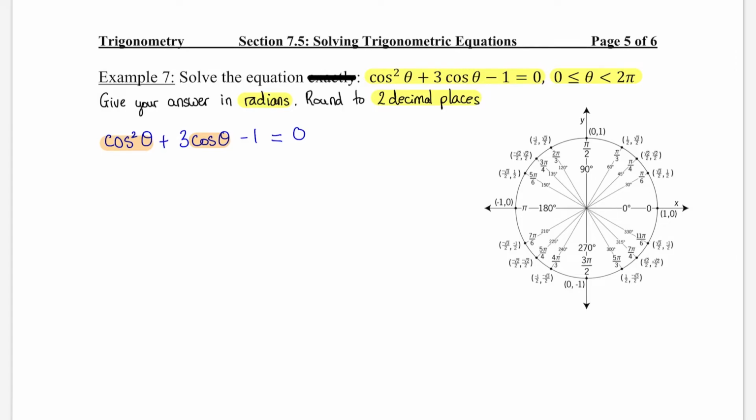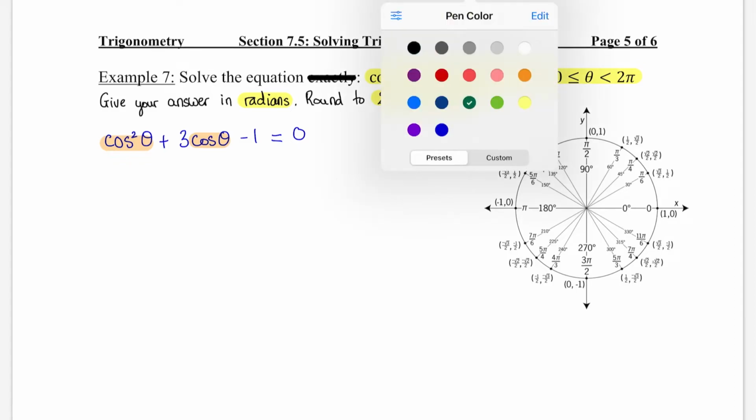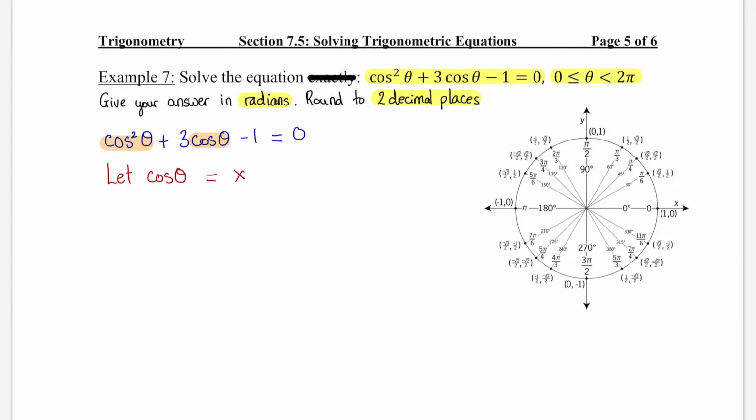So in this case, I'll let cosine of theta be x, and I will replace cosine of theta with x. So I have x squared plus 3x minus 1 equals 0.